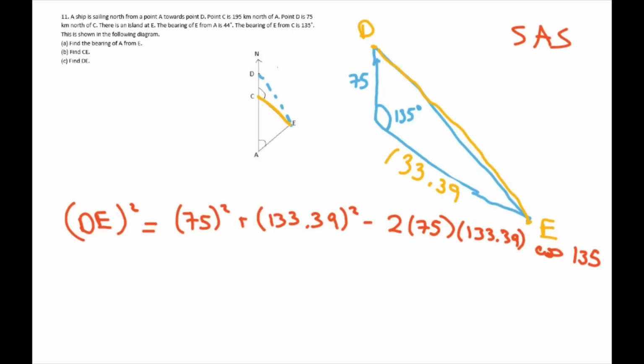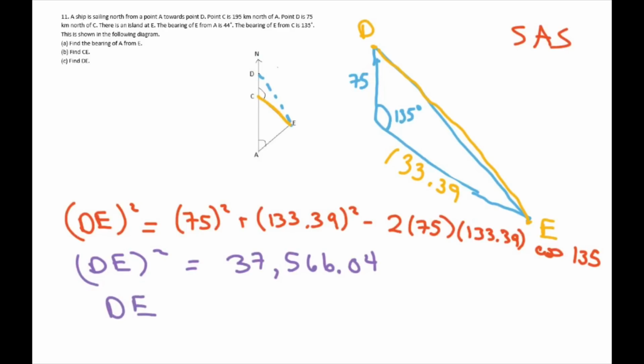Now you're technically supposed to put it on the calculator at once, so I'm going to put this in the calculator quick. You put this in the calculator, you're going to get DE squared equals 37566.04, and take the square root of both sides.